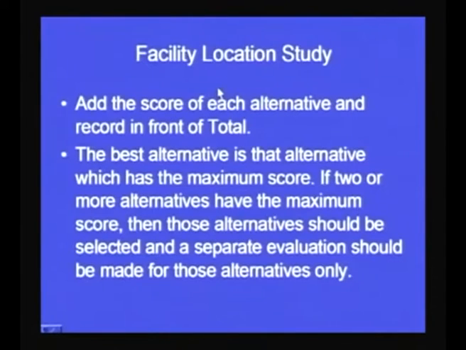Now add the score of each alternative and record it in front of the table that we have already seen. The best alternative is that alternative which has the maximum score. If 2 or more alternatives have the maximum score, then those alternatives should be selected and a separate evaluation should be made for those alternatives. Most of the time we may be in a situation where we are getting only one best alternative.